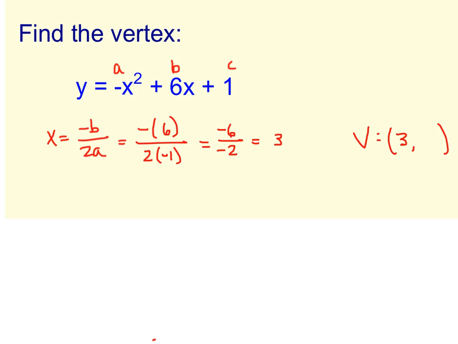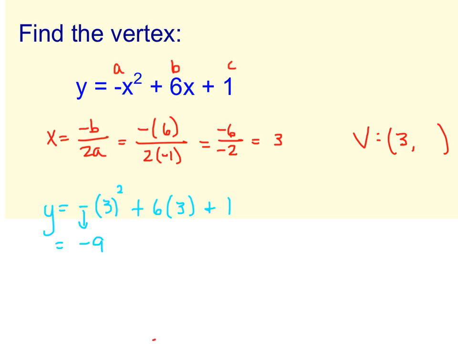Now we just have to plug that back into the equation for all of the x's to get the y value. So it's a negative, parenthesis, plug in your 3 for x squared, plus 6 times 3 plus 1. All right, be careful when you simplify this. You do have to do your exponent first, so the 3 squared is 9, and then that negative just comes down.